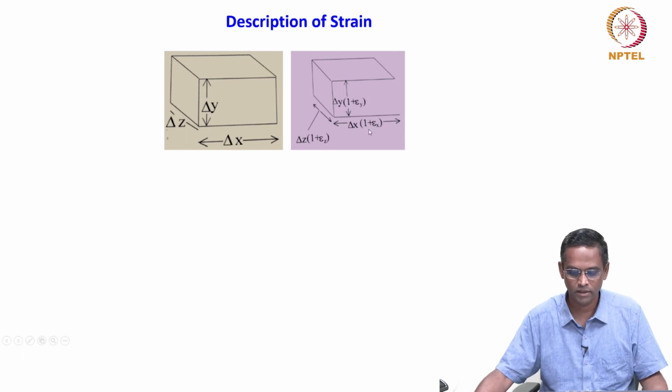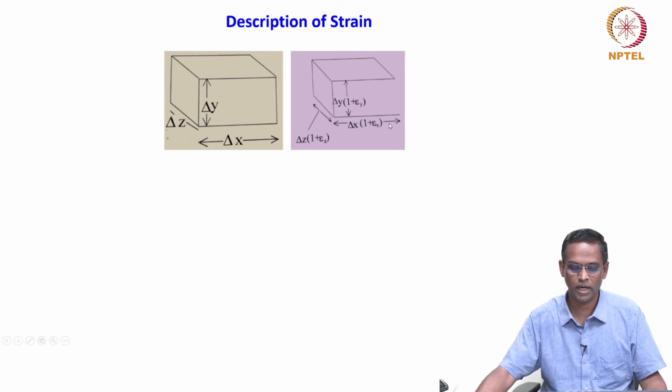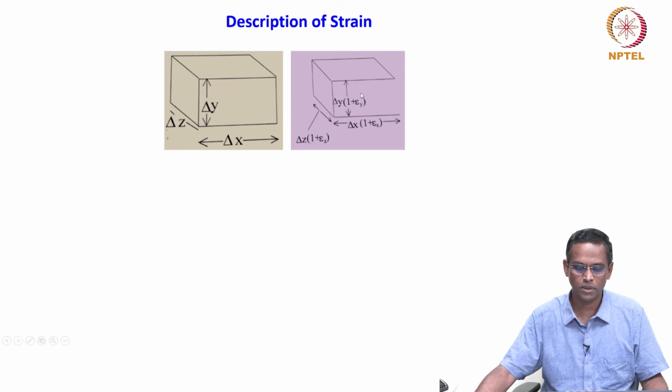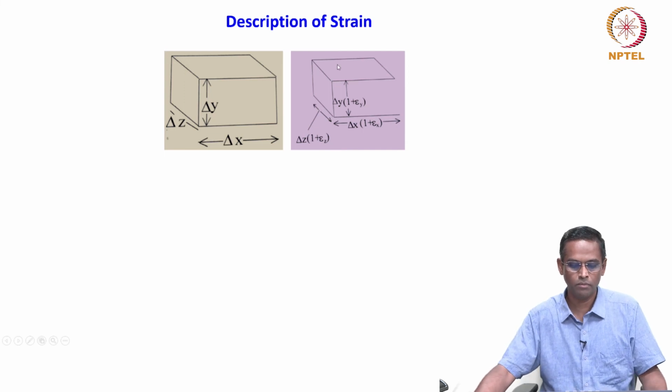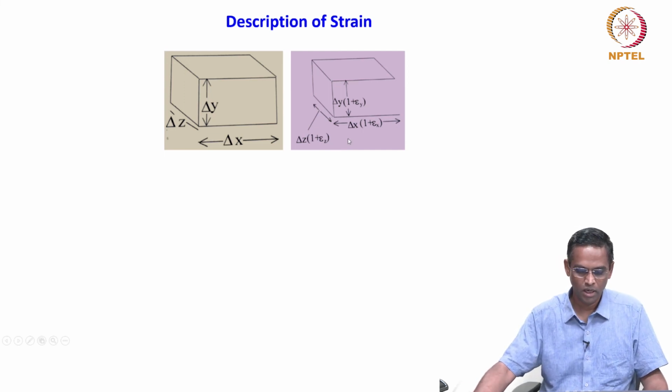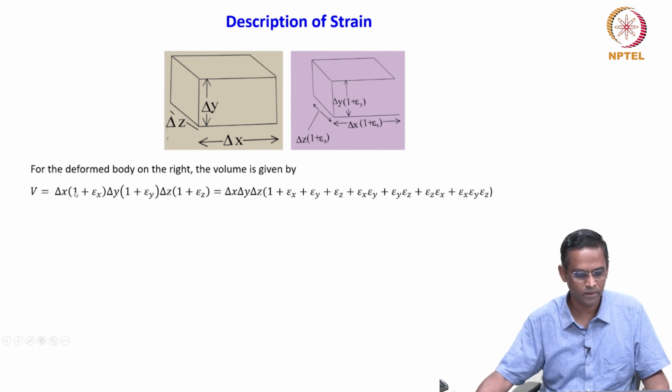The delta x becomes delta x times 1 plus epsilon x, and 1 plus epsilon y and 1 plus epsilon z. That is an increment in the strain in all three mutually perpendicular directions. So how are we going to write the equations like this?